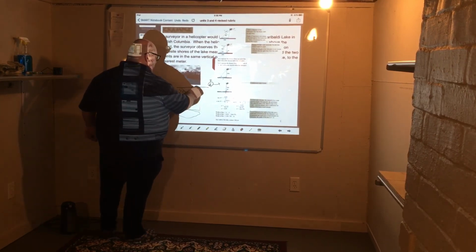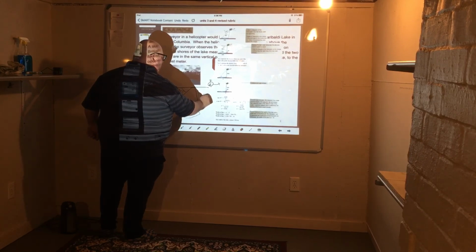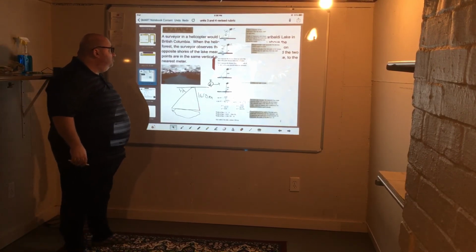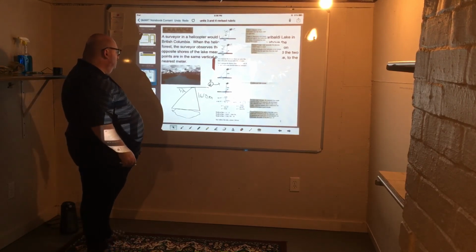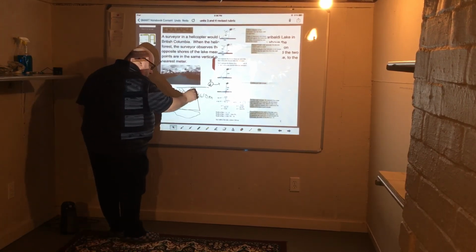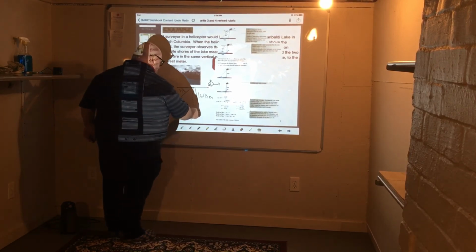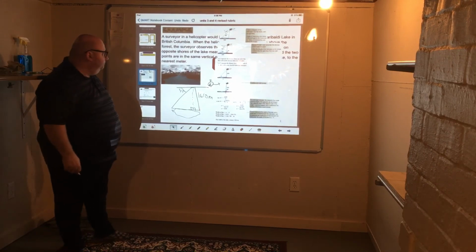And then we have this measurement of, let's do 10 meters. So, in that triangle, right, we need to figure out our height. 90, right? Right angle triangle.